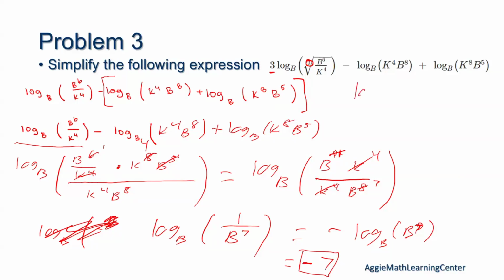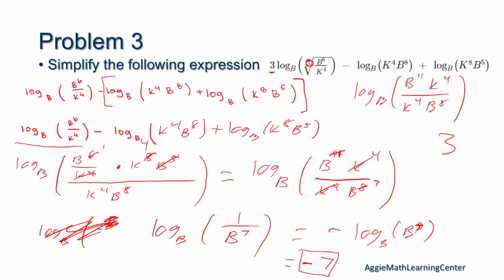So if we rewrite that over here, this would be log b of b to the 11th, k to the 4th, over k to the 4th, b to the 8th. When you simplify that down, you would end up getting a 3. So since the k to the 4th is in the denominator, but also the numerator, you still subtract it?